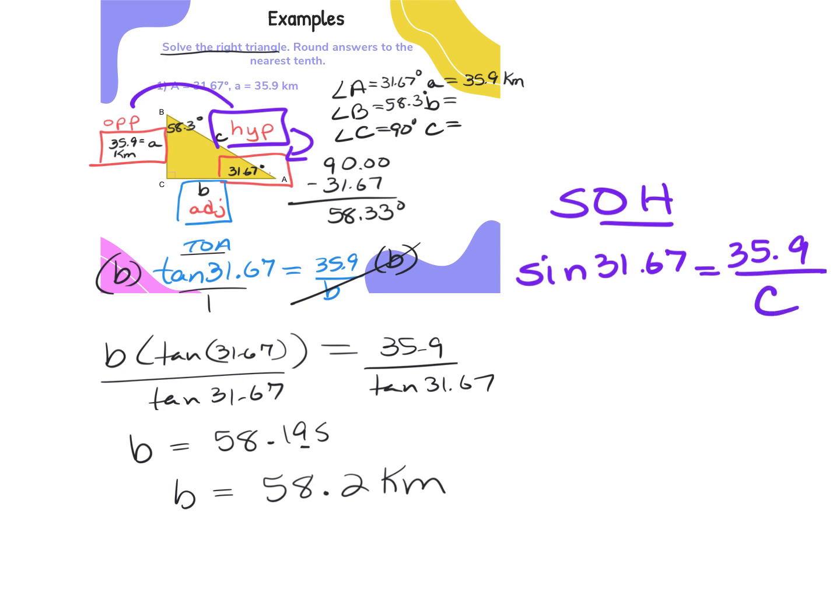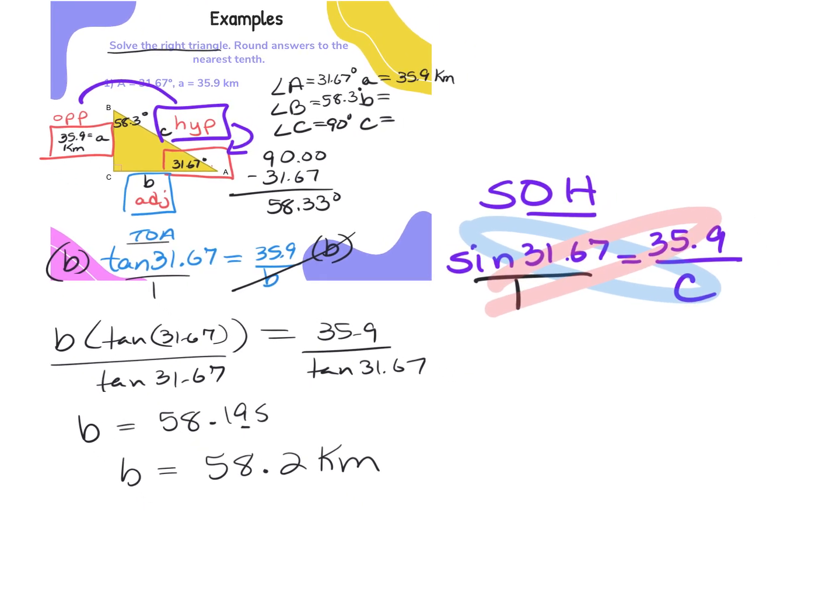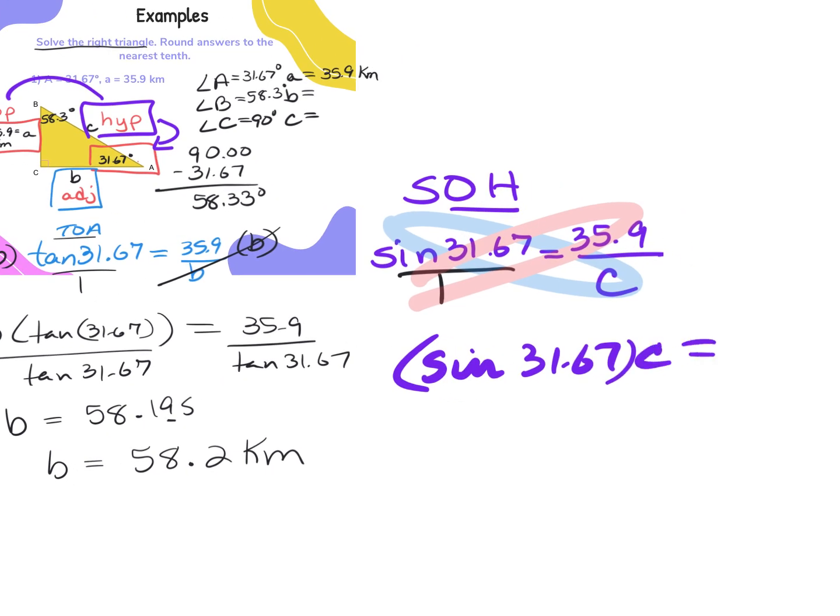So again, I need to solve this. If you want to add a 1 and instead treat this as a proportion and solve it with cross products, you can do that. It's the same thing as multiplying both sides by c. So you would end up getting sine of 31.67 times c equals 35.9.